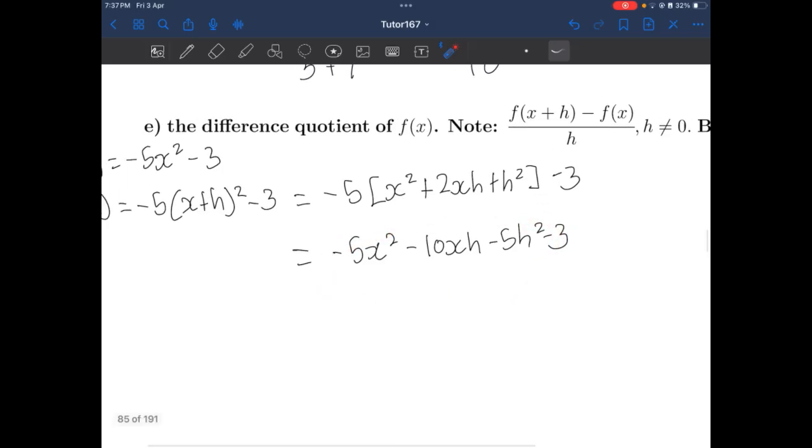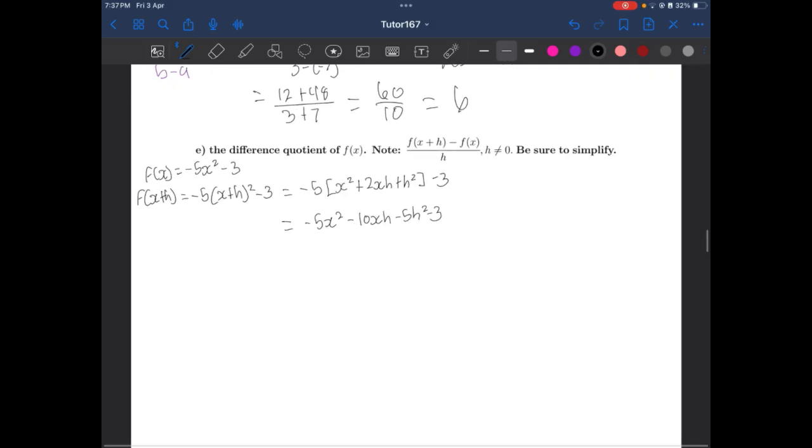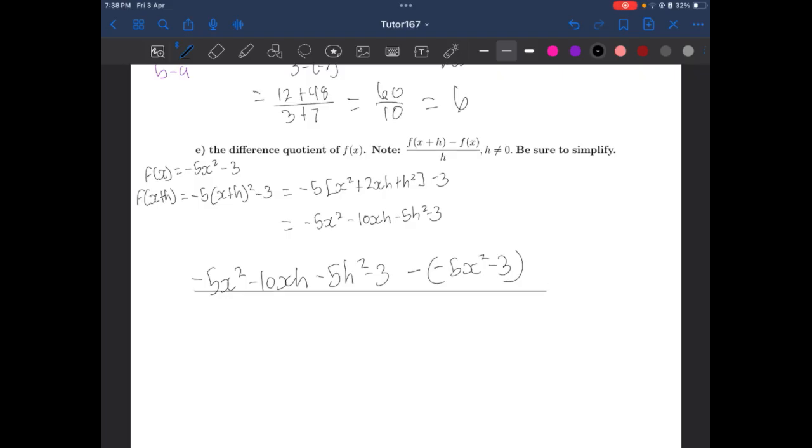So now we can substitute everything into the formula because we have everything we need. So that would be f of x plus h, negative 5x squared minus 10xh minus 5h squared minus 3, subtracted by f of x. So we're going to put the subtraction sign, and then we're going to put f of x in brackets. This is important. Negative 5x squared minus 3, divided by h.